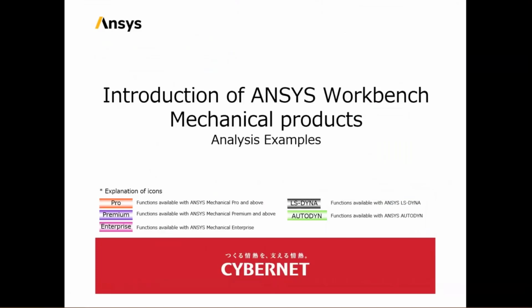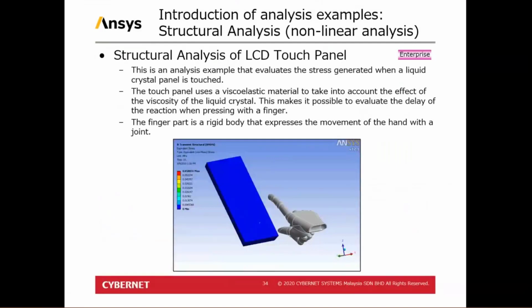We've already gone through some of the types of analysis that can be done within ANSYS Workbench and Mechanical. Now let's take a look at some examples and applications that benefited from ANSYS Workbench Mechanical capability. First, here as you can see, we have the structural analysis of an LCD touch panel, like the one that you have on your smartphone right now.